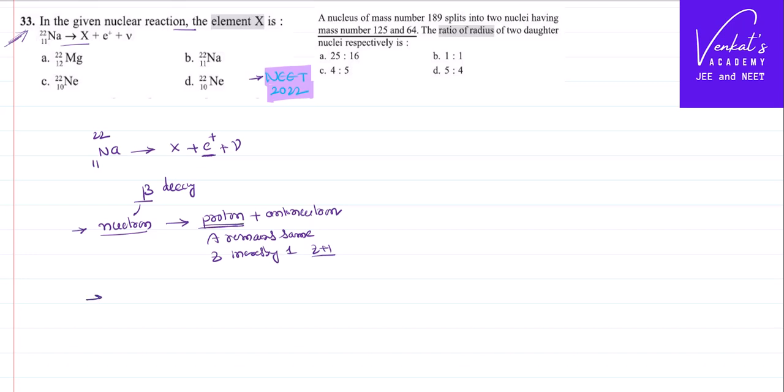But there is another possibility that the proton inside the nucleus can split up as a neutron and a positron and a neutrino. So this one is the case for what is given, a positron. Since a proton became a neutron, the total mass number A remains the same.